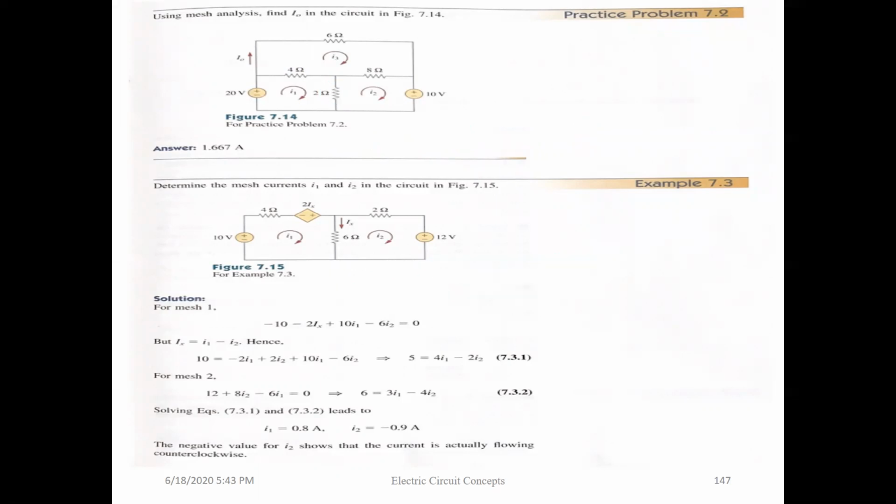Okay, let's do equation number 2. So we have I2, so it will be 8 I2 minus I3. It doesn't matter where you start. Plus 2 times I2 minus I1, plus 10 equals to 0.